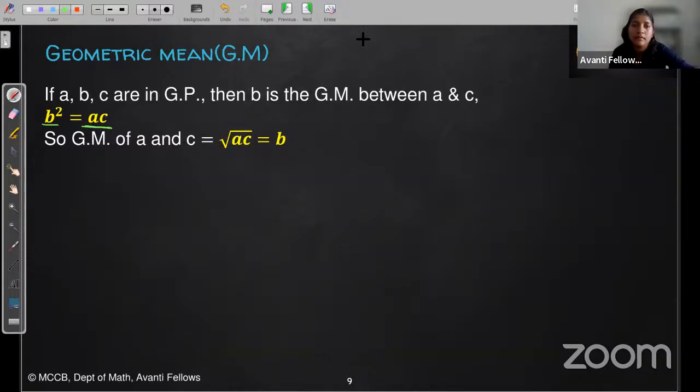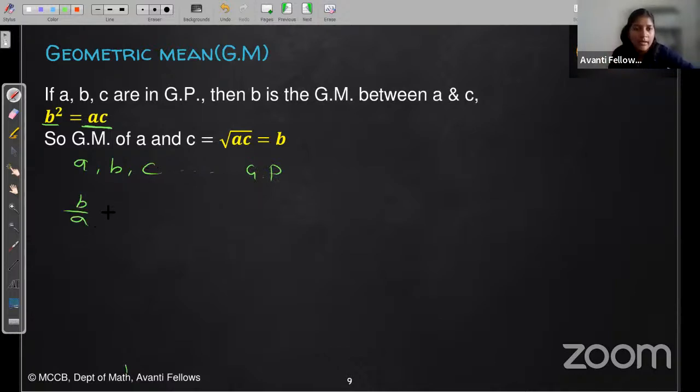Yes? How did we actually get this? We got this using the definition of geometric progression itself. See, if A, B, C are in GP, then the ratio between two consecutive terms must be the same, right?